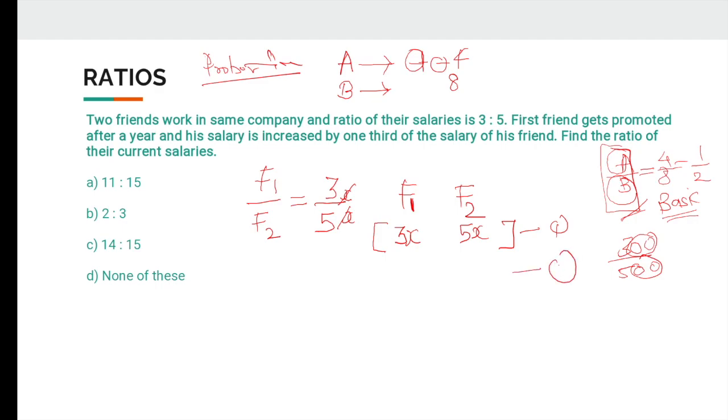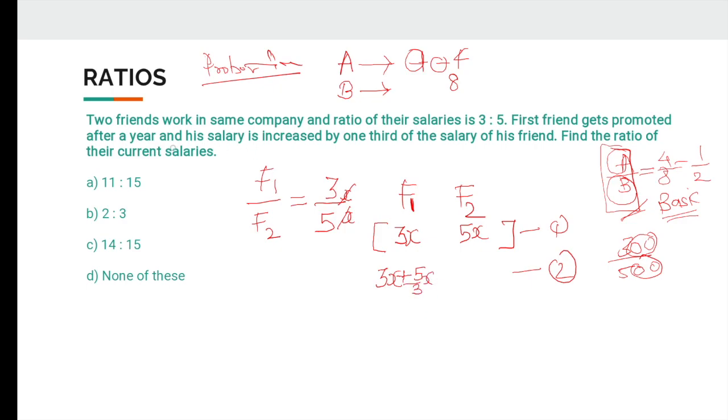What happens after a year is the first friend gets promoted and his salary is increased by 1/3 of the salary of his friend. So what is the salary of his friend? 5x. So it is increased by 5x/3, correct?